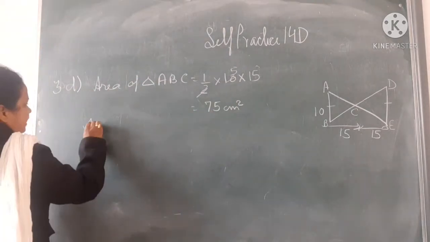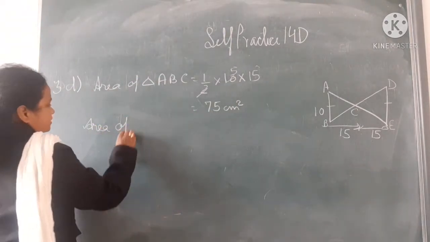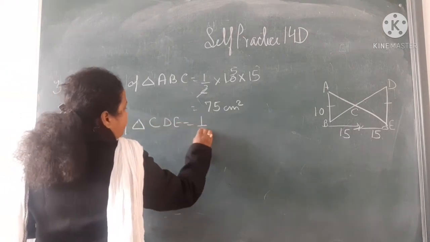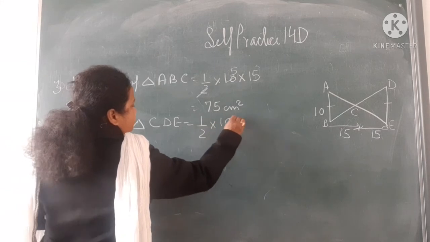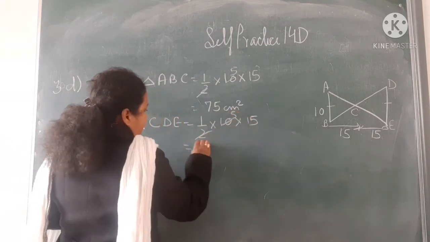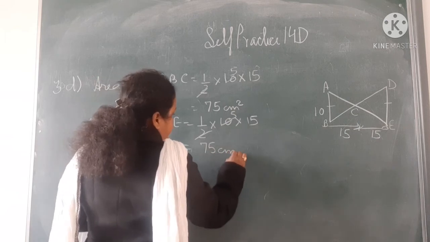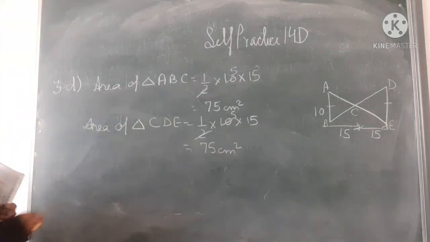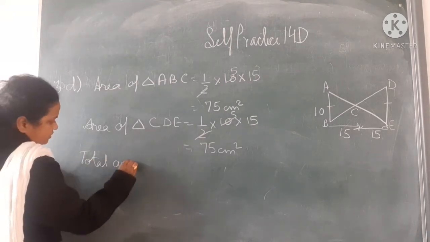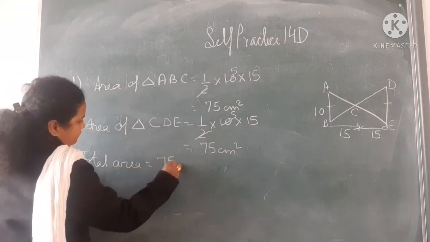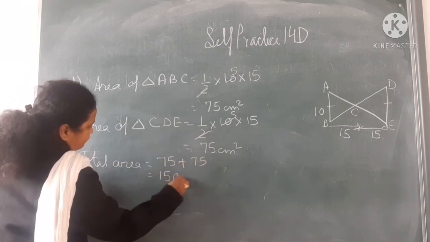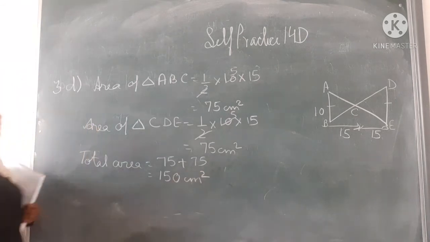Now area of triangle CDE, that is also half into base into height. 2 5s are 10, 15 5s are 75 centimeter square. Now what will be the total area? 75 plus 75, that is 150 centimeter square.